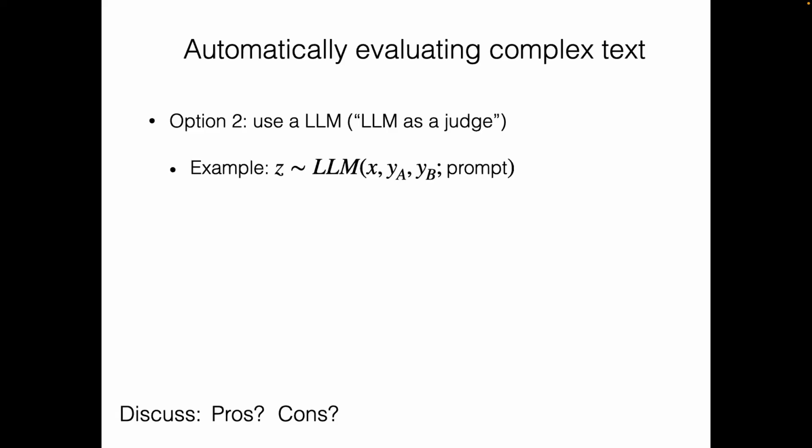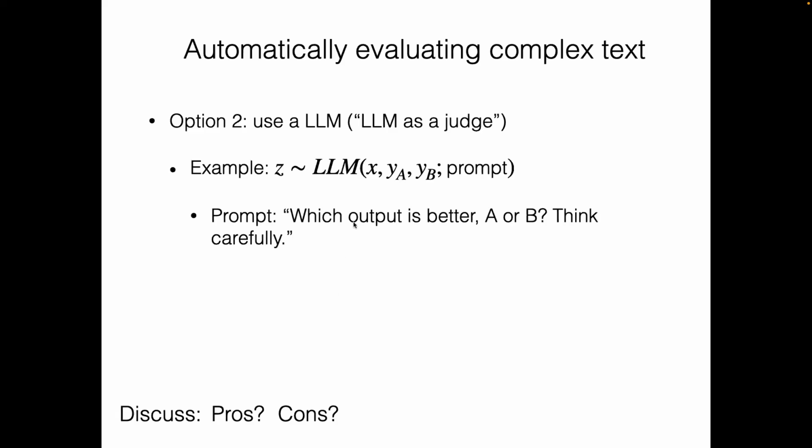Well, then what you could do is just pass it to a language model and prompt the model to say which output is better, A or B. You could try different things. You could say, think carefully, or maybe, here's a rubric for what you should evaluate.